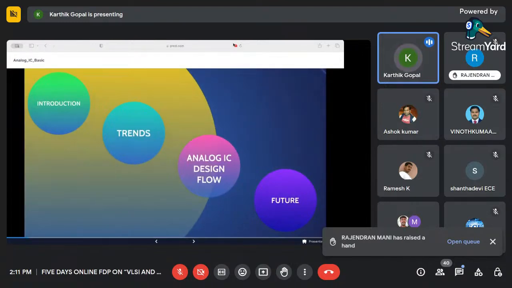Let me introduce the analog IC, how it is used and what analog IC is, through some examples, and the trends in analog IC design, how we talk about technology shrinking and all. Those are the trends, how it came so far, and the analog IC design flow. This is quite an interesting part where I'm going to explain how in industry they do analog IC design, what flow they follow and how many steps there are, and a little bit of the future for analog.